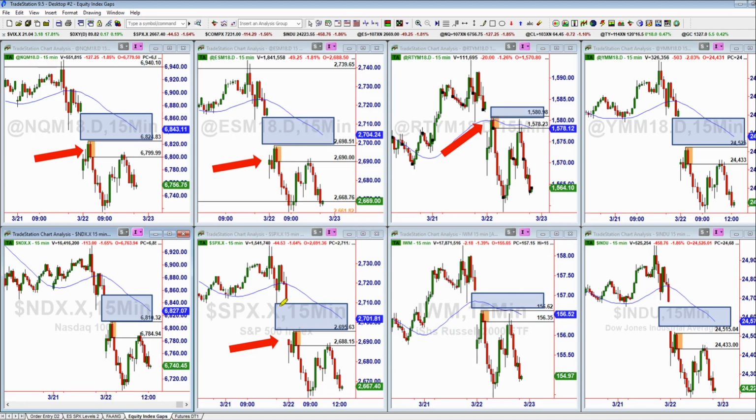out of the realm of possibilities. It's going to be a little more aggressive of a trade, and you need to know what you're looking for, and that's where having some knowledge and experience with candlesticks and what the patterns look like and where a candle closes and opens is definitely going to help with that.